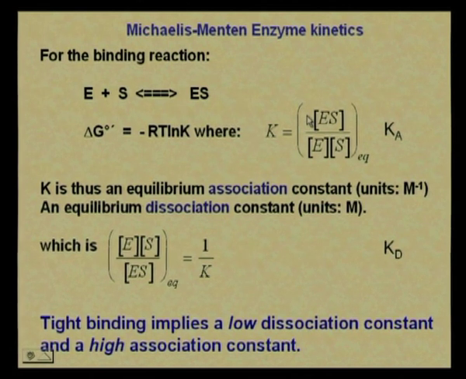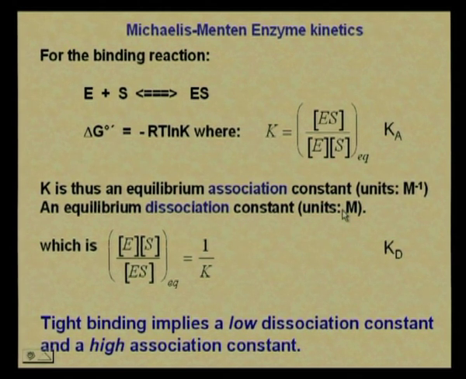I can also relate this to the rate constants. So, what will my K be? It will be K1 divided by K minus 1, right? So, you recognize that we have a thermodynamic concept to this as well as a kinetic concept to it. We have an association constant, and the reverse of this is going to be a dissociation constant, and the units will change accordingly.